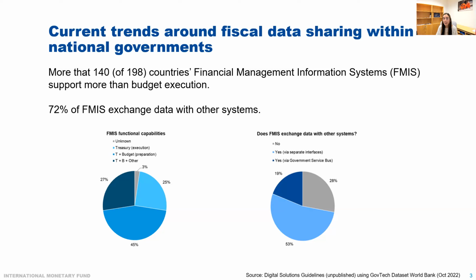And what they find is that 100 of the 198 countries that they surveyed already have financial management information systems that cover more than budget execution. So at least you have treasury, you have budget preparation, and you have other functions in the FMIS. However, within this, only 72% of the FMIS exchange data with other systems. What does this mean?